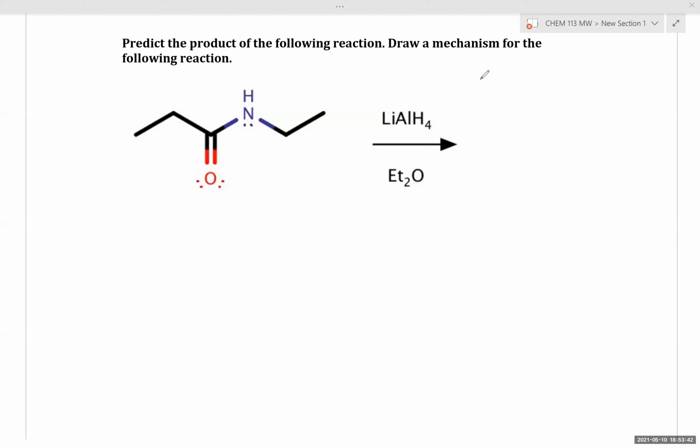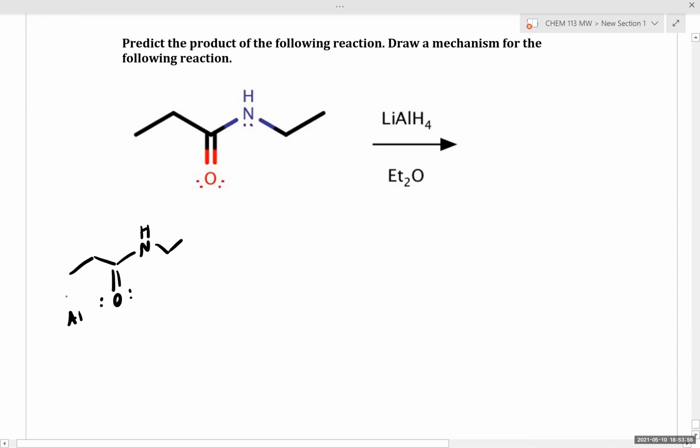Okay, so let's clear these annotations and let's redraw and go over this mechanism one more time for our reference. So we have our amide, and one way that I like to think of it is that our aluminum hydride is coordinating our carbonyl oxygen and then donating an equivalent of hydride. From here, after reduction, we have the following alkoxy or alkoxide ion.